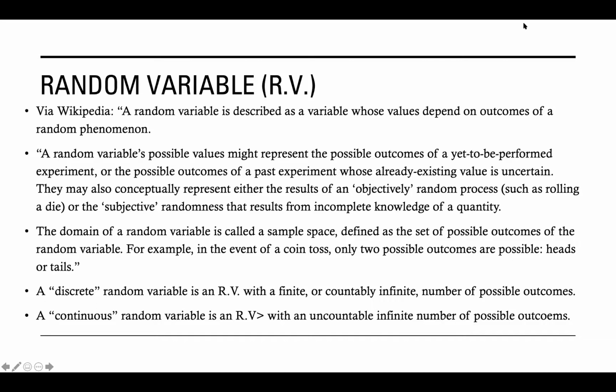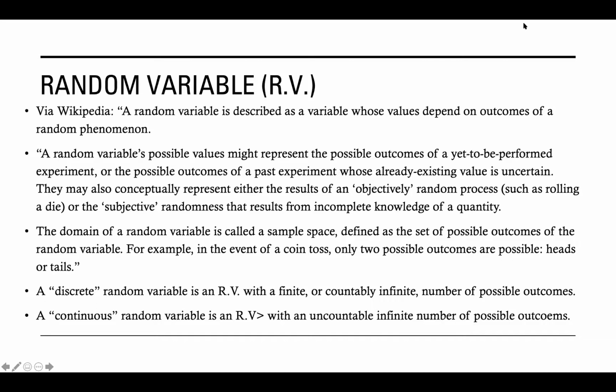A discrete random variable is one with a finite or countably infinite number of outcomes. I'm not going to define what countably infinite means, but it means largely that there is an algorithm under which you can count them. You can enumerate them. You can say that's the first, that's the second, that's the third, all the way up to infinity of them.